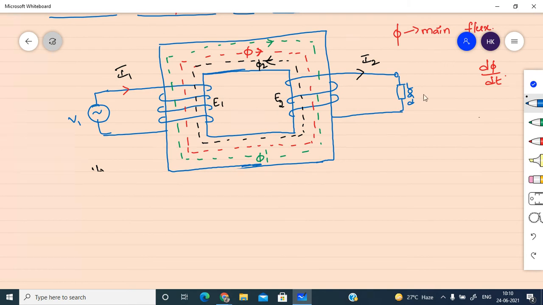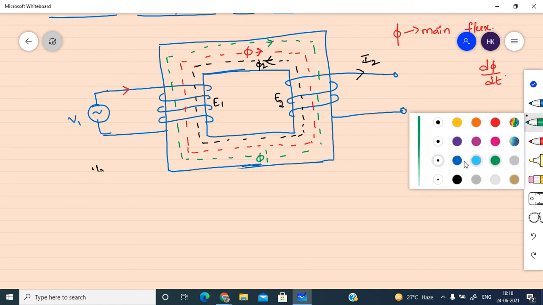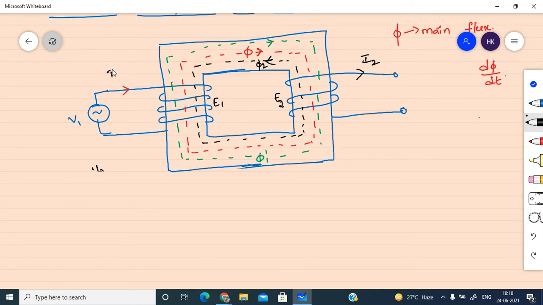So once again I am repeating, listen carefully. Suppose initially the load is not connected here. That means no load condition. Under no load condition, the transformer draws a current I naught. That is no load primary current I naught. So whenever you are connecting load, current I2 will flow through the secondary circuit.